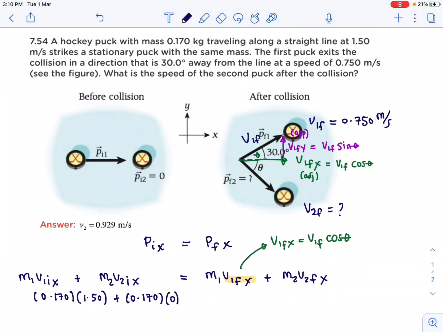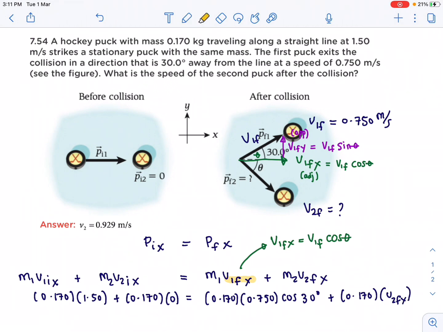Is equal to m1, which is 0.170, times V1 final, and again V1 final in the x-axis is just equal to V1f cosine theta. So our V1f is 0.750 cosine of the angle theta, which is 30 degrees. So this is our V1f on the x-axis plus our m2, which is 0.170, times V2 final on the x-axis.